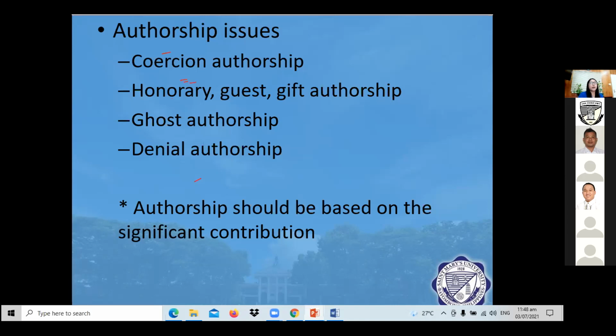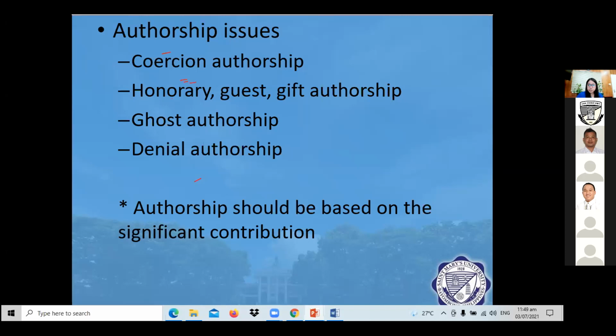I don't know if your co-author is aware that he's just being paid for doing that, because it can be that the contribution is significant and he or she must be part of the authors, but when the paper was published, he found that her name is not included in the paper. So that's denial authorship. Again, it's unethical, or of course these are ethical issues.